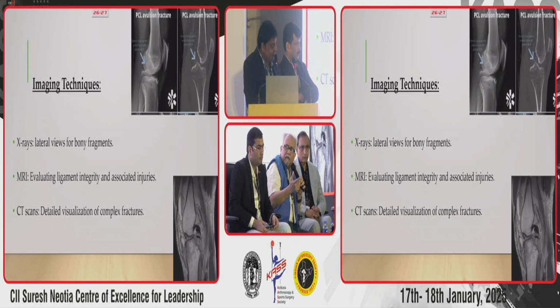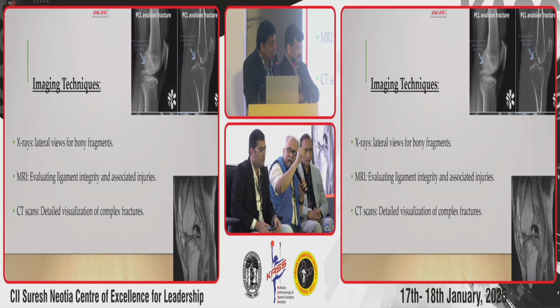Even with the AP, you have to be very suspicious, because there is a crack line which you can see in the AP X-ray, just below the two eminences, there is a small break. If it is a frank fracture, you can diagnose it on the X-ray.